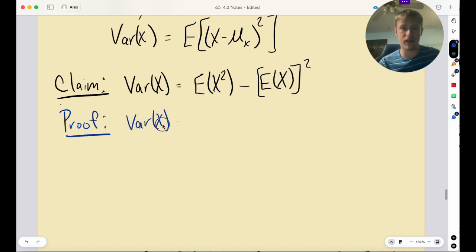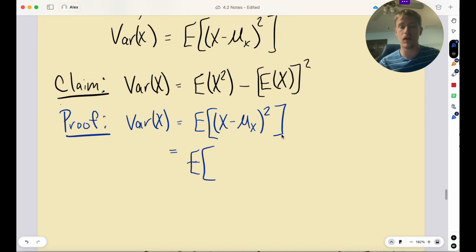The variance of x, by definition, is the expected value of x minus mu sub x, squared, which we can go ahead and expand out, and just FOIL this out. So this is going to get us x squared minus 2x times mu sub x plus mu sub x squared.